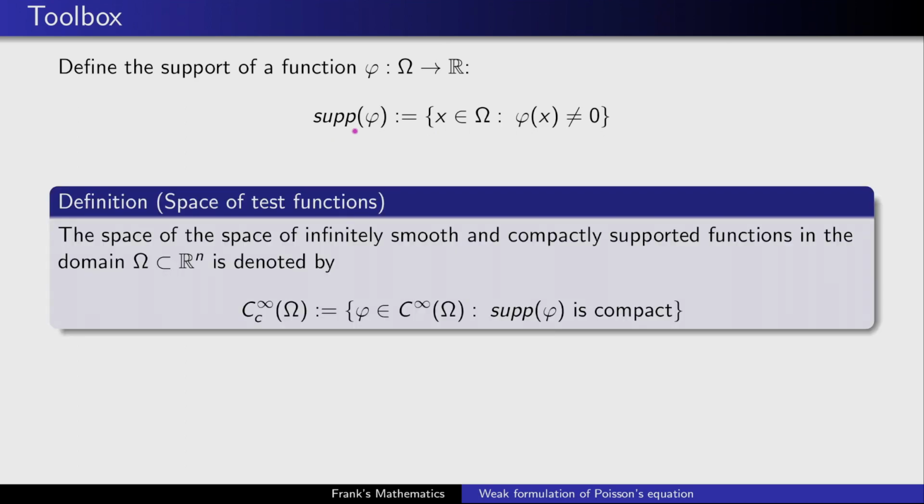With this definition, we can now define the so-called space of test functions. Therefore, we take all the functions phi which have a compact support and are infinitely continuously differentiable. This set is then called C_c^infinity, or the space of test functions. In older books sometimes this is called D, but well, it's all the same.